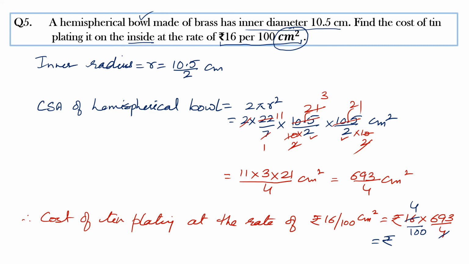So we're multiplying this, we get 2772 by 100, which is equals to rupees 27.72.